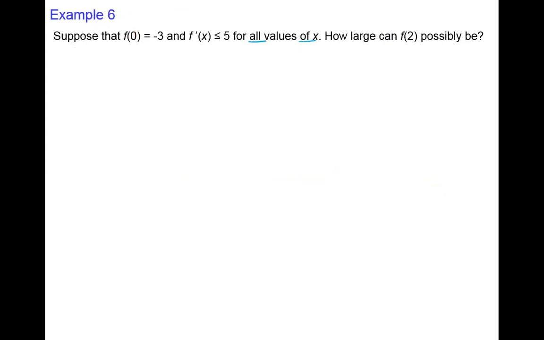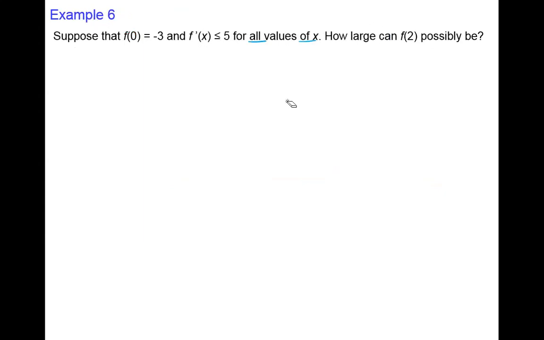The mean value theorem is the property that connects information about the values of the function with information about the derivative, or the other way around. Having some information about the derivative, I can figure out the largest possible value of f of 2.